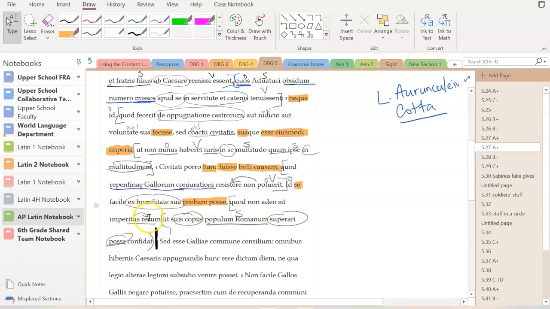That he was not so imperitus rerum that he would think that the populum Romanum was able to be overcome by suis copiis.